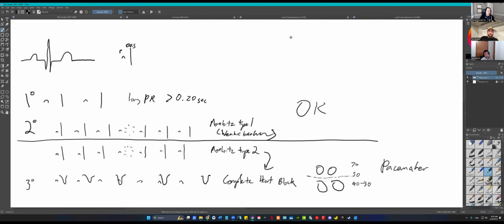And then you guys know atrial fibrillation, right? That's when there's no P wave. It's just this wiggly line, and you get QRSs every which way, sporadically. That's the hallmark of atrial fibrillation. This is irregularly irregular.